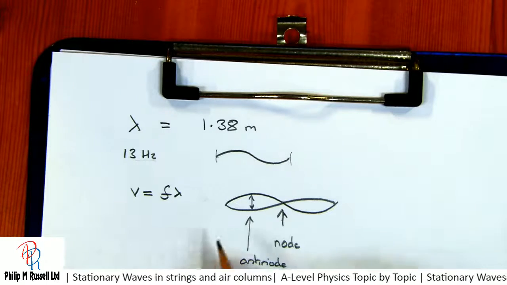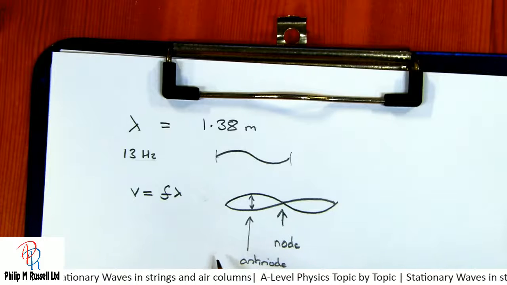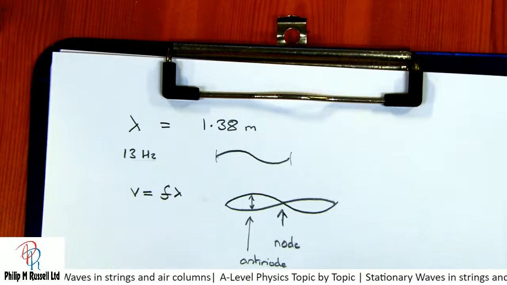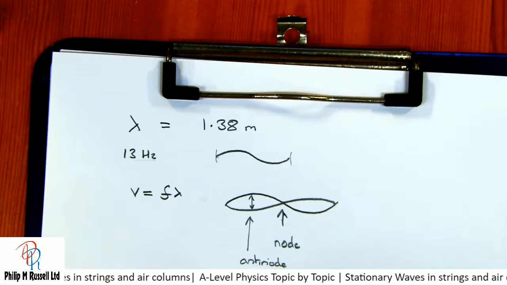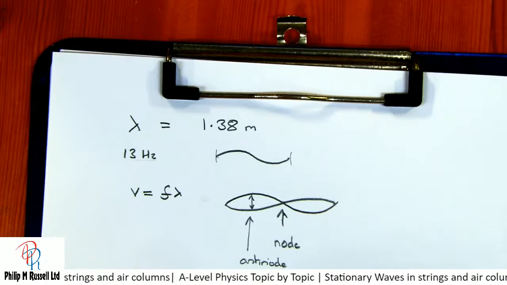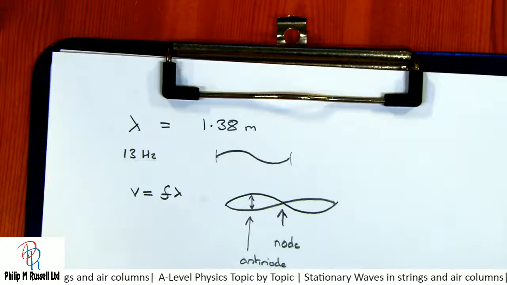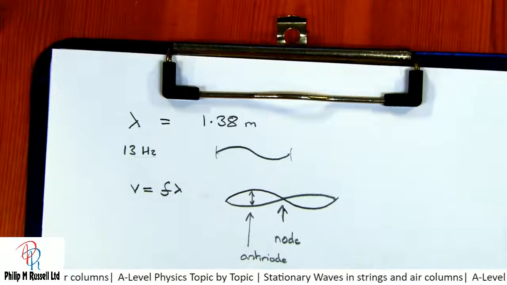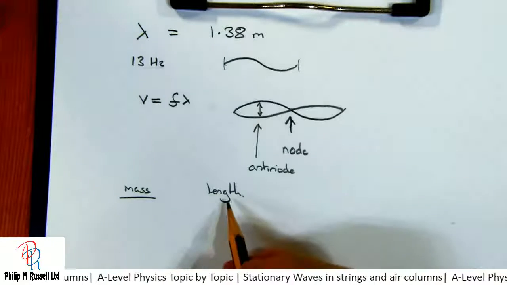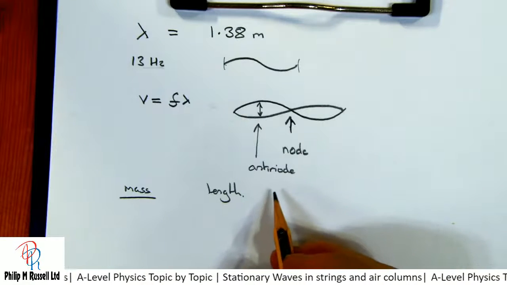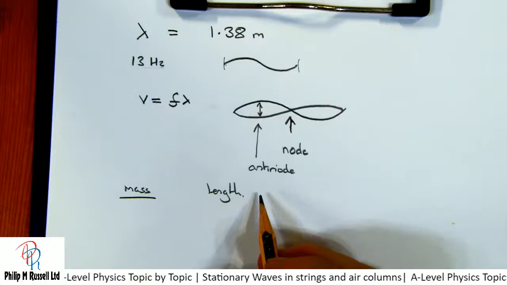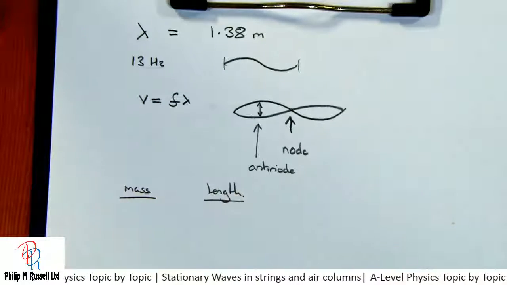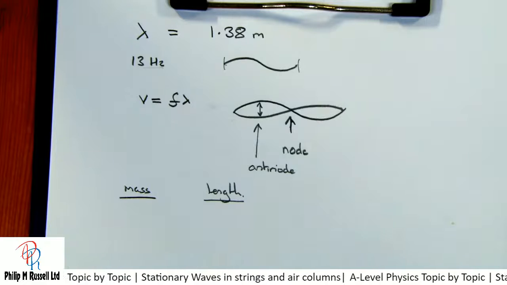So what can we do with this? Well, we can change various things. We could change the weight to see what happens if we change the mass. We can change the length of the string, and we can see what that does. So let's have a quick look before we get into any more and see what happens if we do this.